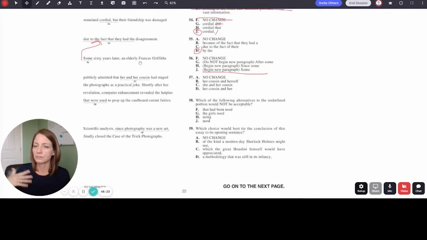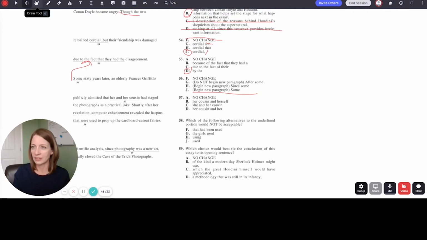Years later, elderly Francis Griffith publicly admitted that they had staged the photographs as a practical joke. Oh, little girls. So it needs to begin a new paragraph. This is talking about their argument, and now it's like some years later, they admit. So you're going to begin that, since "some" is just weird. So J, let's go for it.